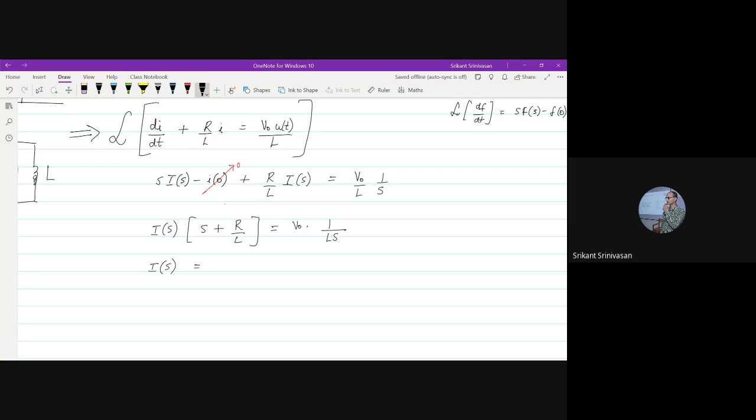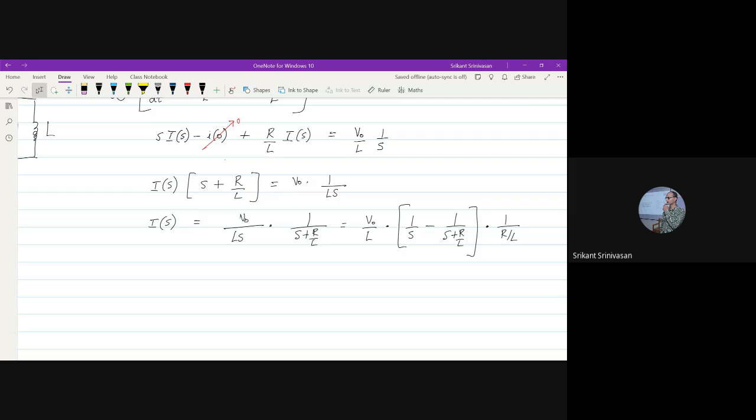I of s is equal to V naught over L s into 1 over s plus R by L. If I want to split this, I can say this is V naught over L into 1 over s minus 1 over s plus R over L. So s plus R over L minus s leaves me with R over L, so I have to do into 1 by R over L. Everybody is following this so far?